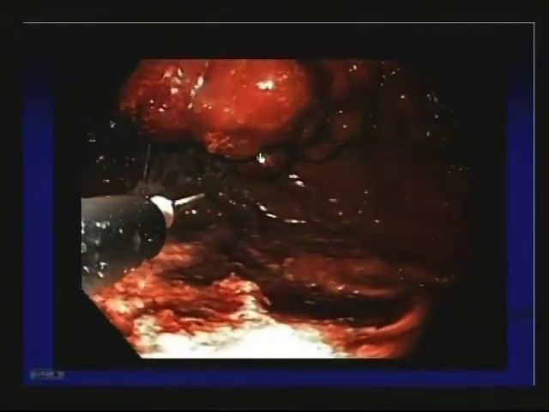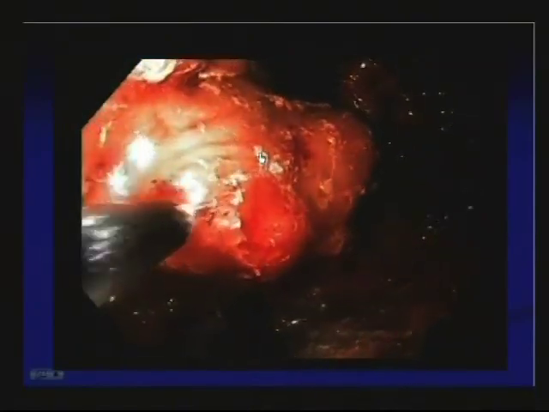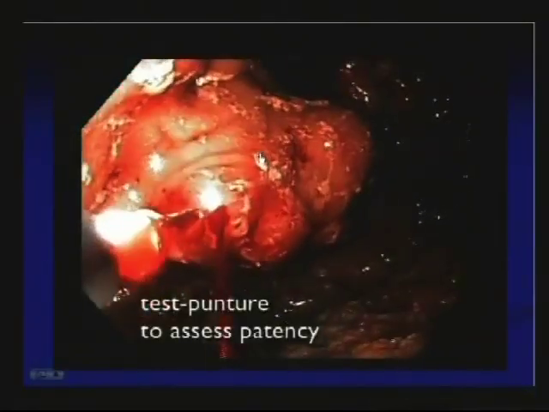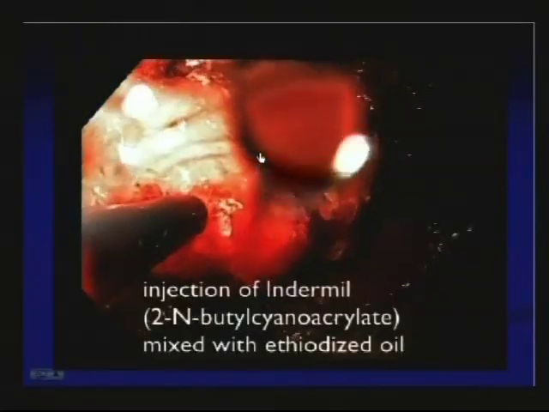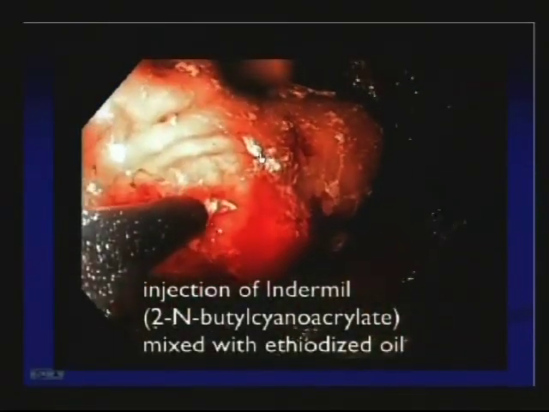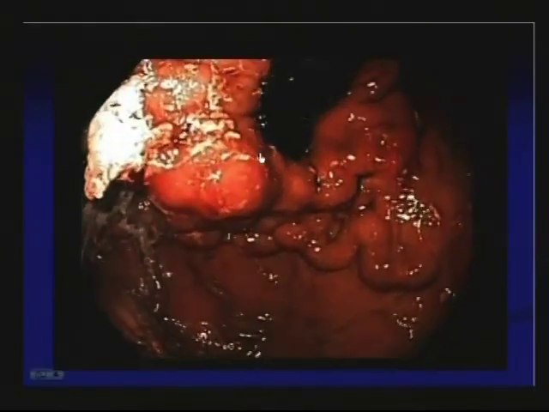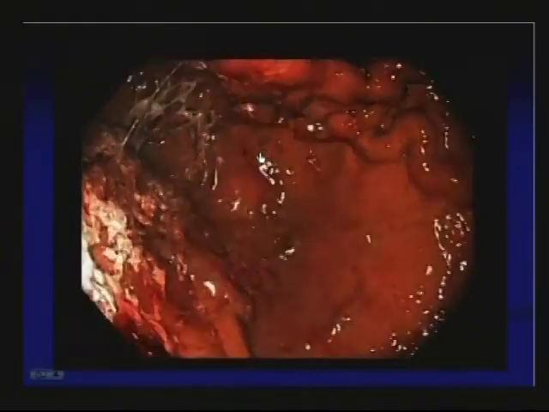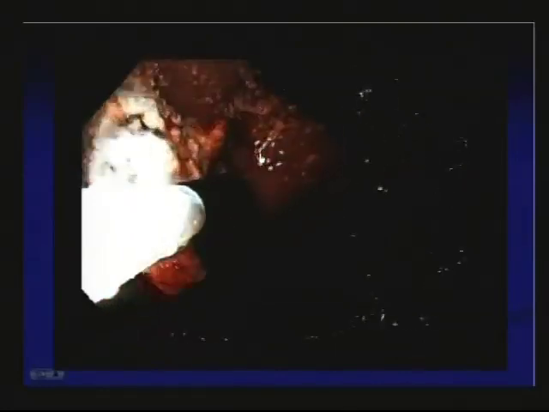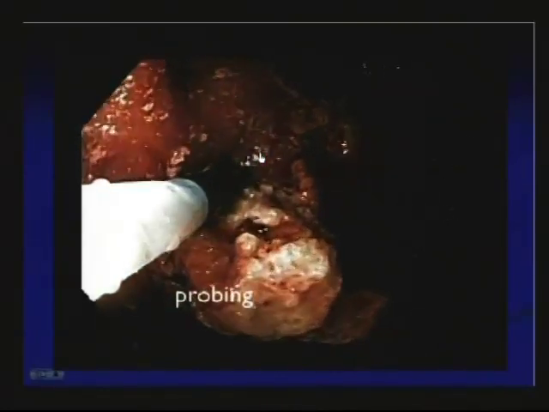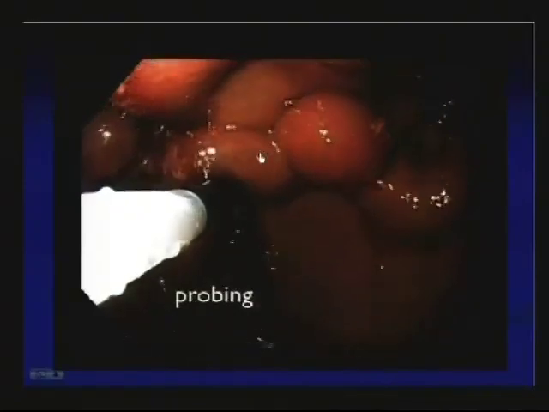So we inject more, until the probing feels that this lesion is hard enough, which means the clot has been formed. And then the patient is good. Here it's a little bit soft, the other end is hard. These are soft varices.